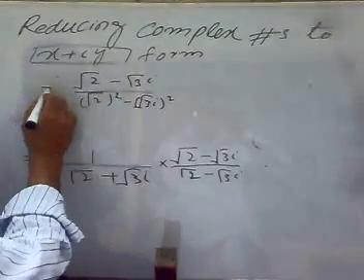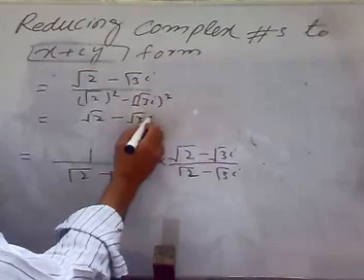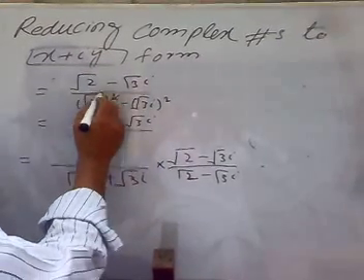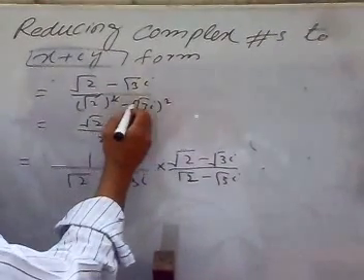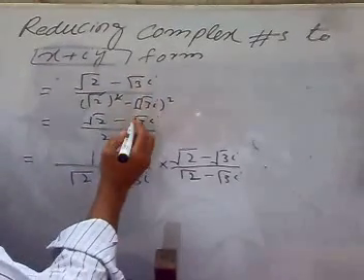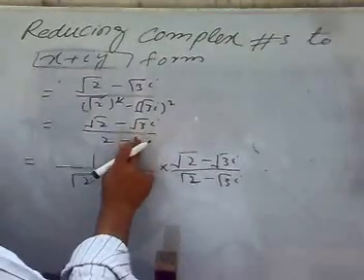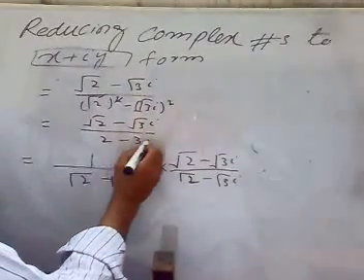So we will get (under root 2 minus under root 3 iota) divided by 2. Here the square root will be cancelled with 3, but iota square will be there, so it would be minus 3 iota squared.